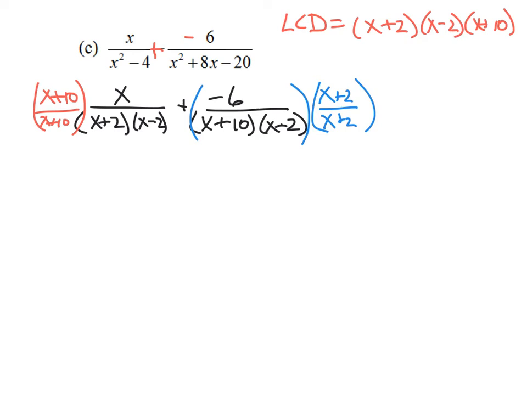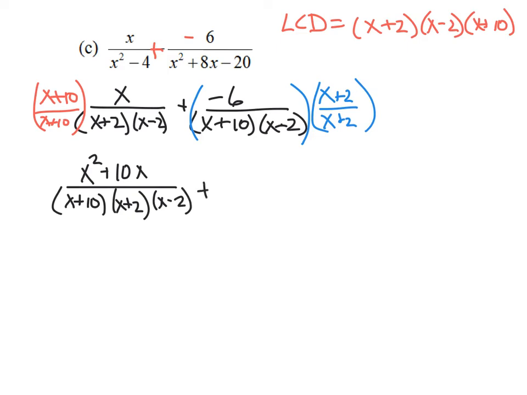So x times x plus 10, that gives me x squared plus 10x over the common denominator x plus 10 times x plus 2 times x minus 2. For the second fraction, we're going to say negative 6x minus 12 over x plus 10 times x plus 2 times x minus 2.